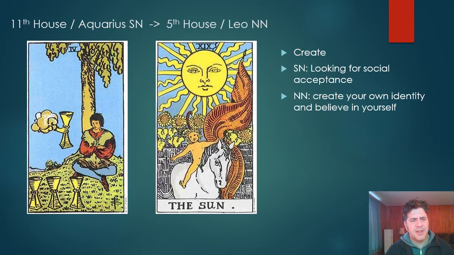So here, the 11th house or Aquarius south node transitions into the 5th house or Leo north node. And the key word here is to create, but also to take ownership of your creations as well. The south node in this case very often is kind of disappointed in other people, friendships, whatever.